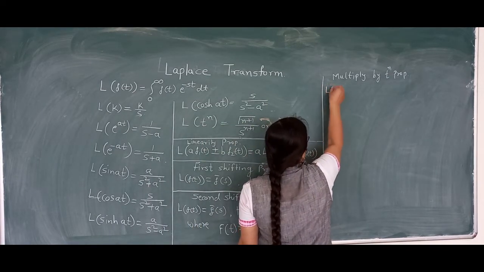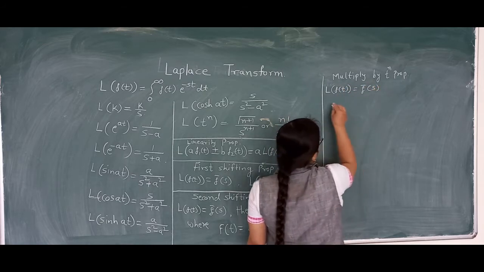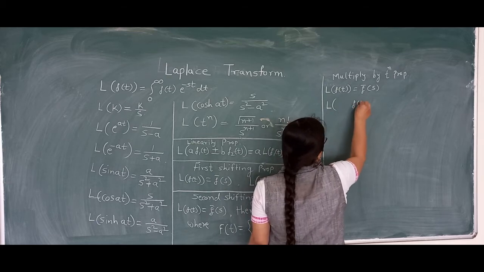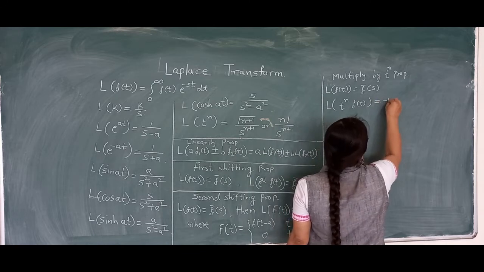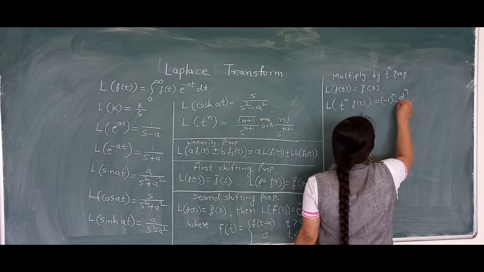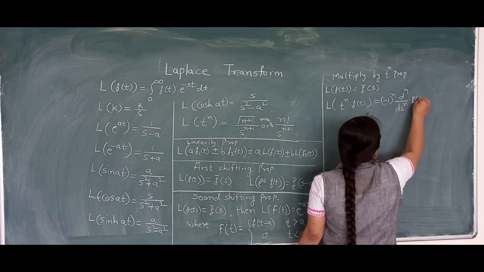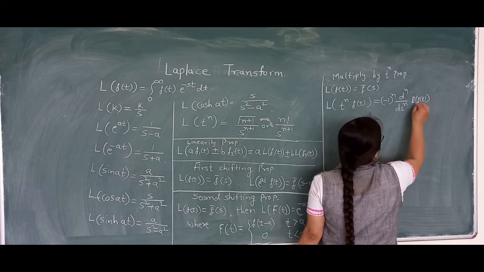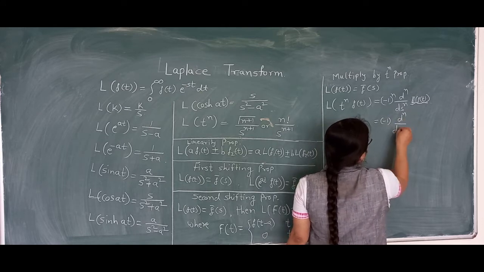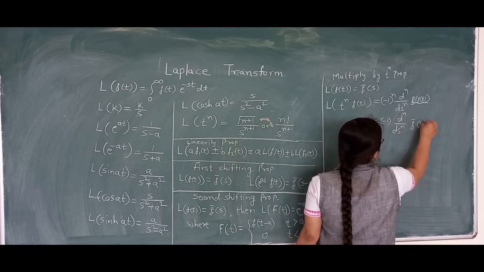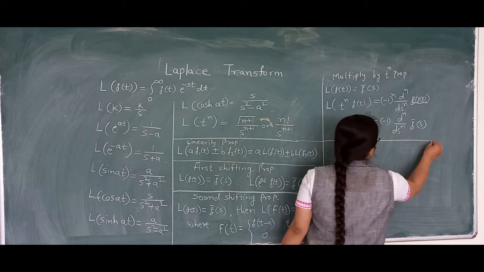If Laplace of f of t is f bar of s, then if f of t is multiplied by t raised to n, the result is minus 1 raised to n, d n upon ds raised to n of Laplace of f of t, or f bar of s. This is the multiply by t property.